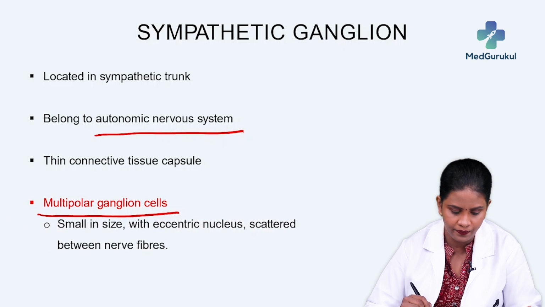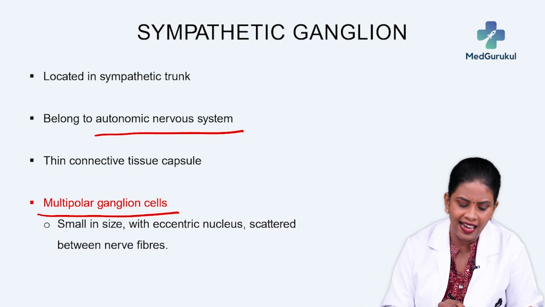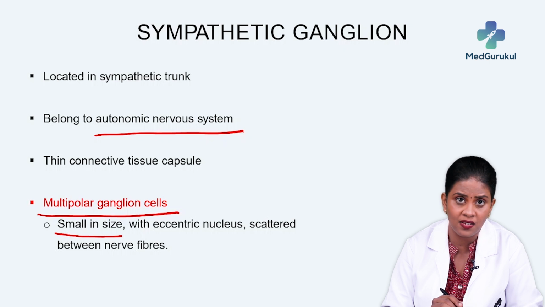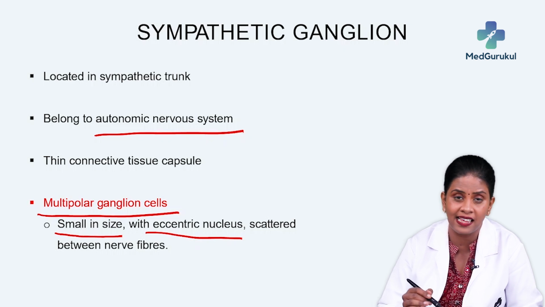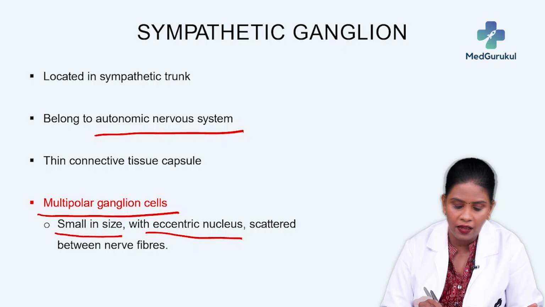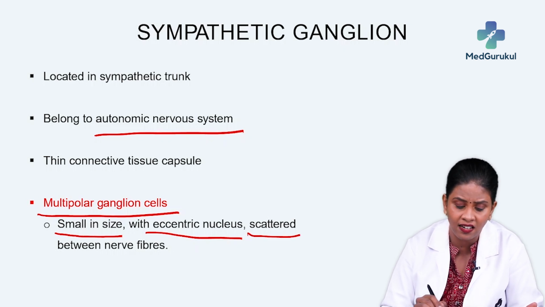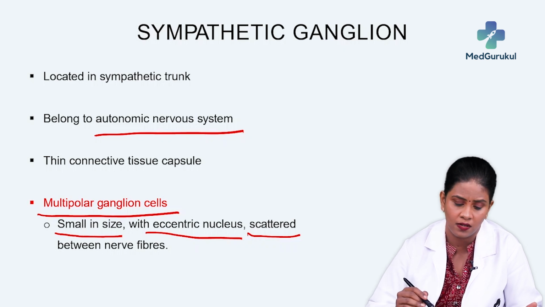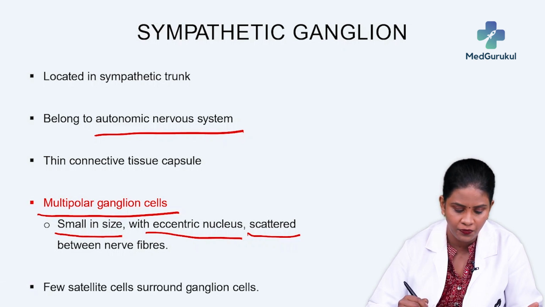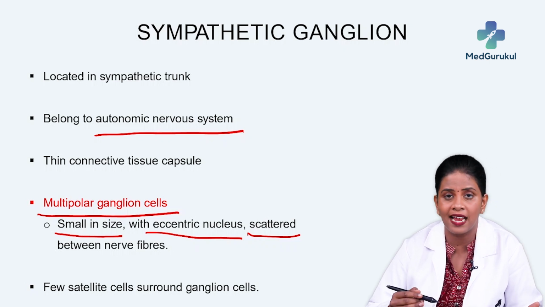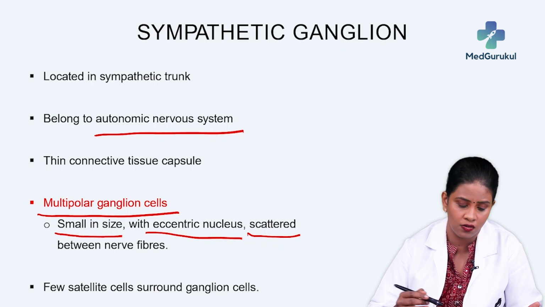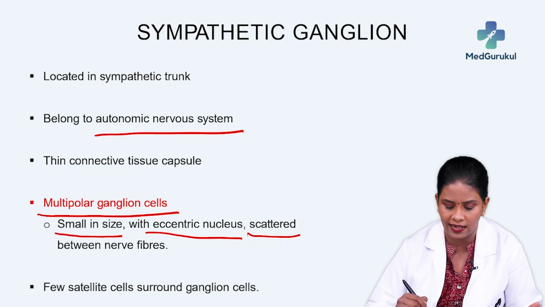The ganglion cells are small in size, there they are very large, and the nucleus there is centrally placed, here it is eccentrically placed. Eccentric means towards the periphery. And here the ganglion cells are not arranged in groups, they are scattered between the nerve fibers. And few satellite cells are seen. There more satellite cells and they are prominent, but here there are only few satellite cells.